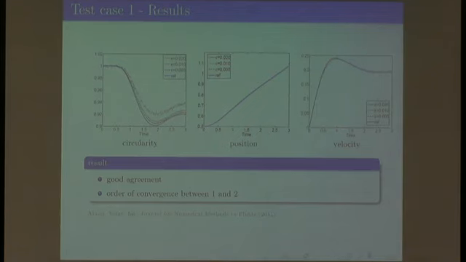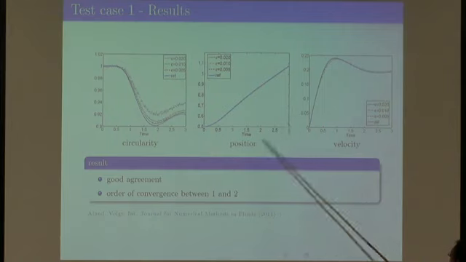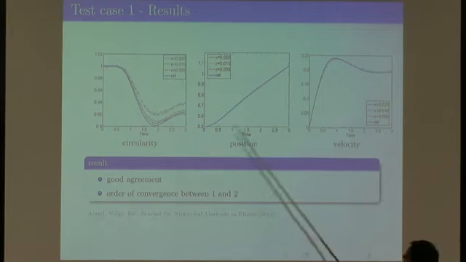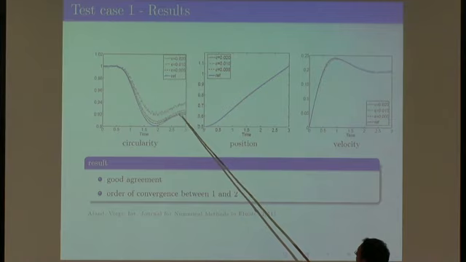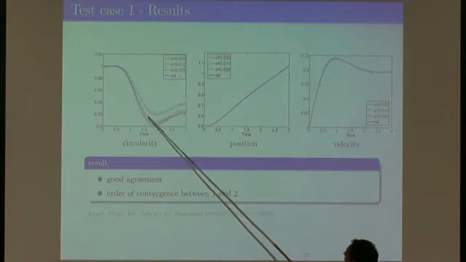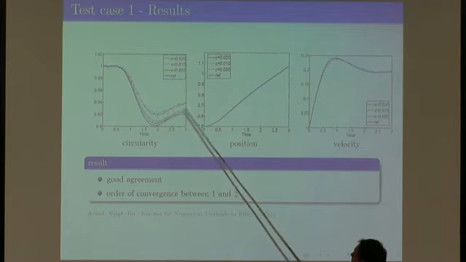You see a comparison of phase field models with sharp interface models. The blue line is the sharp interface reference solution, and for position and velocity you hardly see any differences between these curves. But for circularity you see that the blue line is the line at the bottom here, and the other lines are phase field solutions for different epsilons.